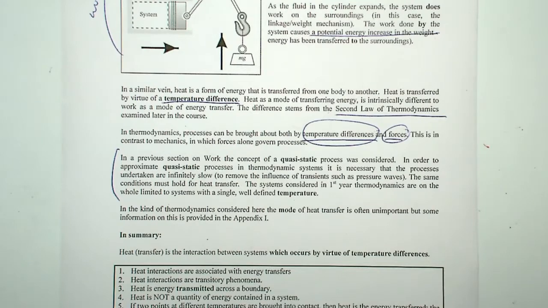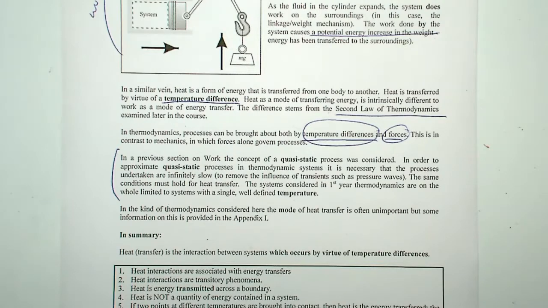The same applies to temperature. Again, that doesn't mean that we can't solve any problem which is not quasi-static. That just means that as far as this unit is concerned, and some of the fundamentals of thermodynamics, you've got to make this assumption, otherwise you won't be able to start from the basic equations that are fundamental to thermodynamics.